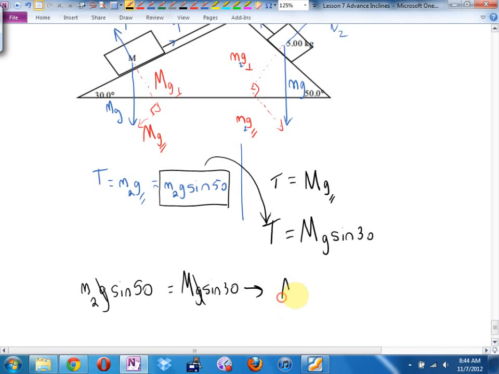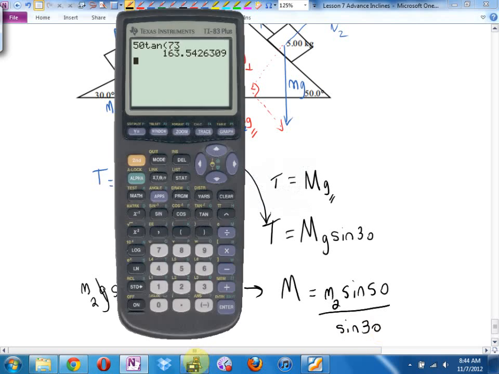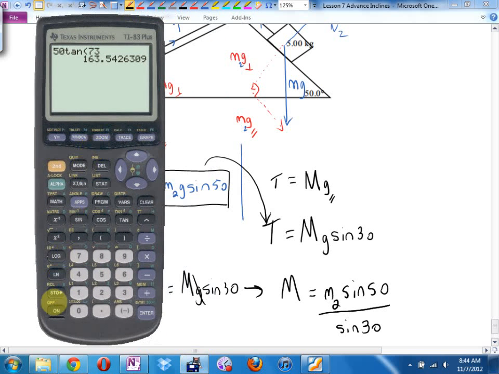I think it's going to be mass 2 sine 50 divided by sine 30. See if I'm right. Mass 2, 5 sine 50 divided by sine 30. 7.66. What's the answer say?